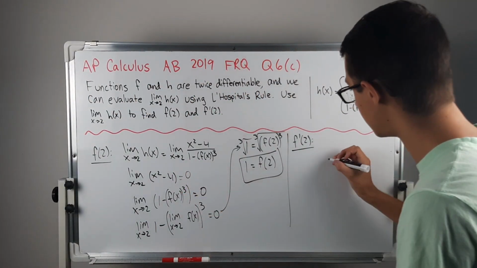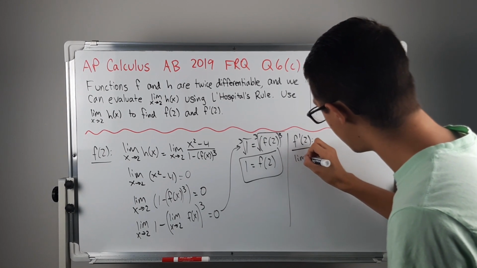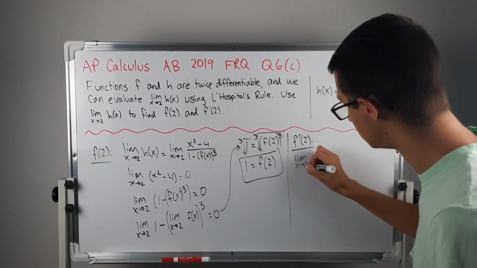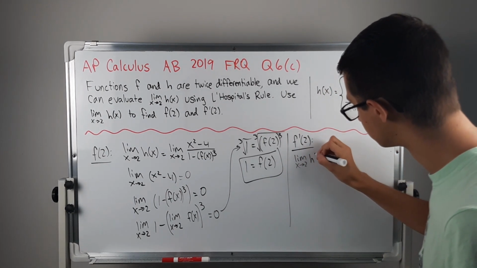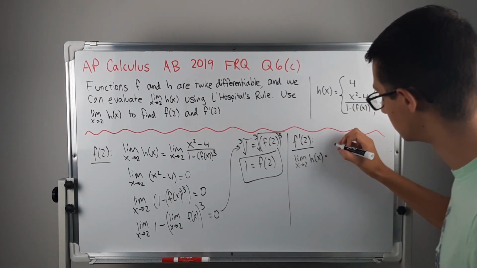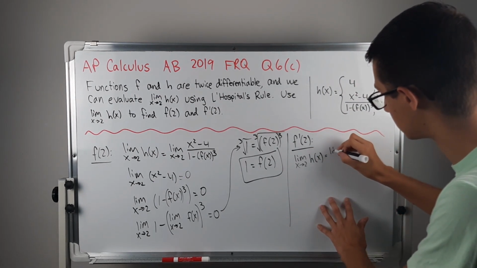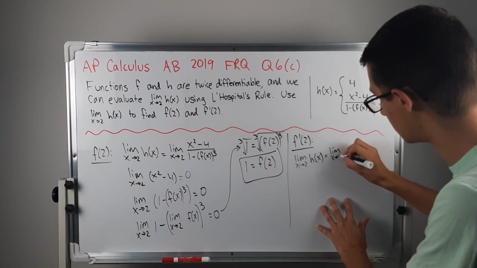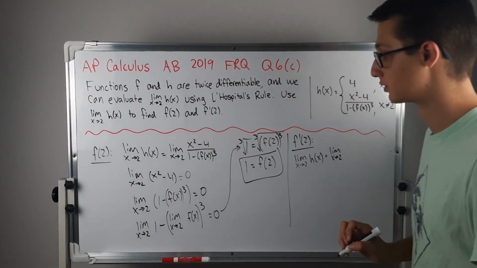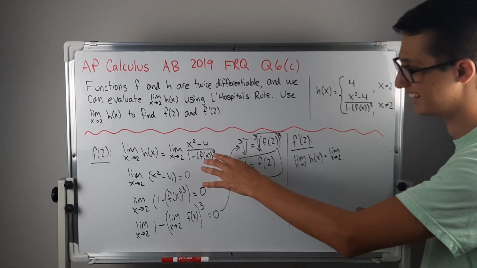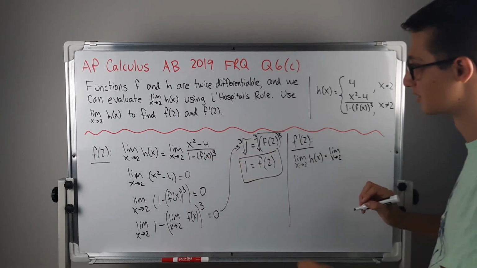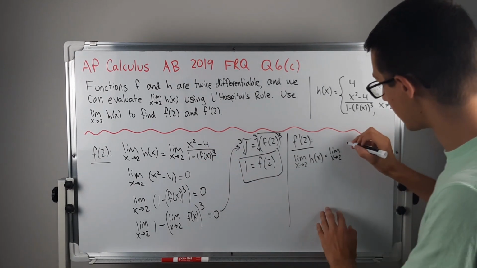I'm going to say that the limit as x approaches 2 of h of x is equal to, we're still doing the limit as x approaches 2, but now let's do some differentiation. So x squared minus 4 is just going to be 2x.